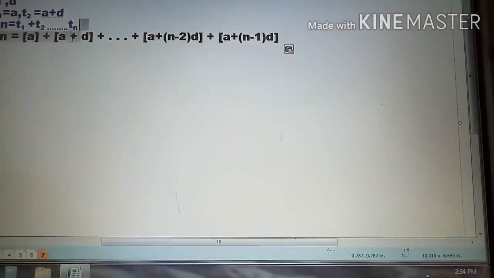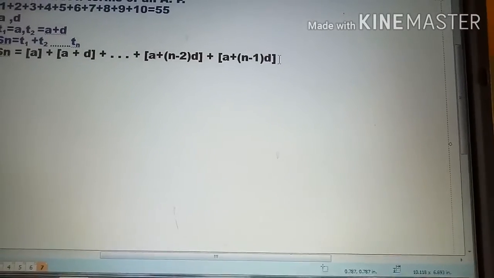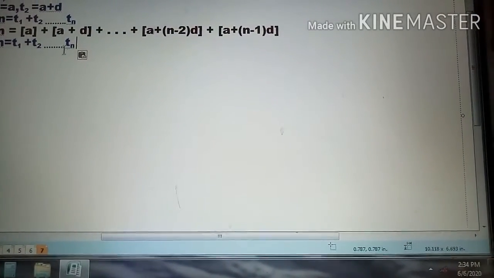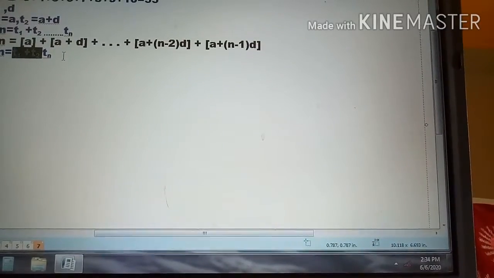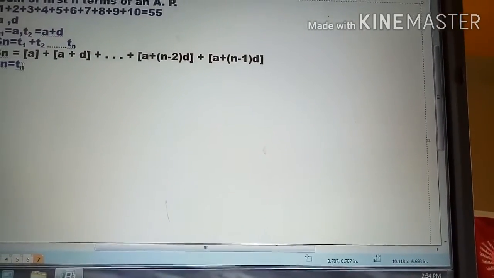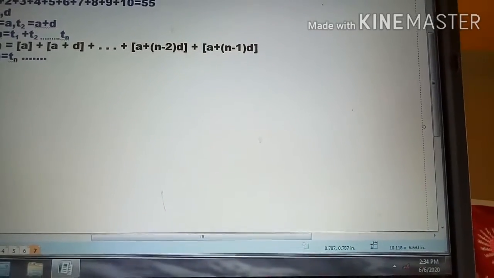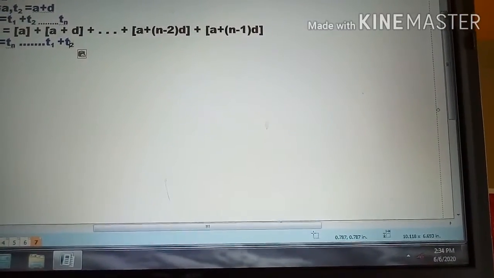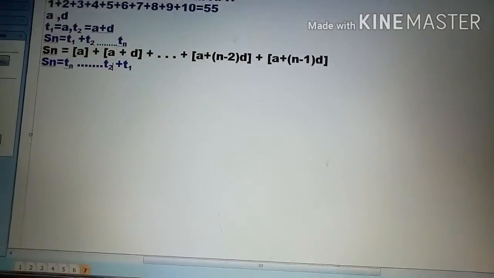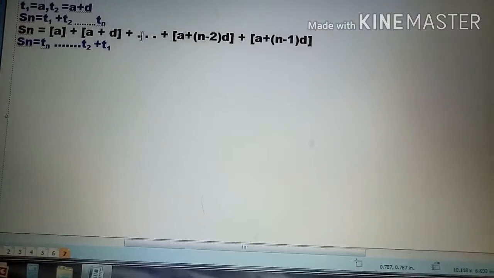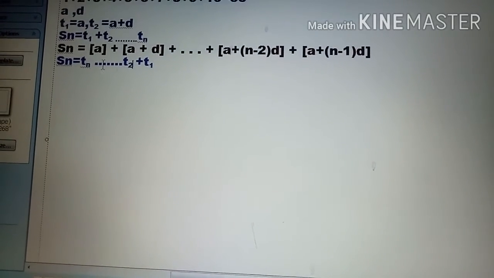If we write the terms like this reversely, T2 plus T1, a is the first term and the next terms are in reverse.